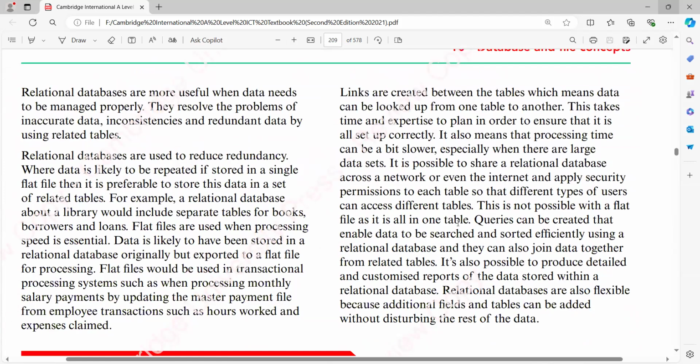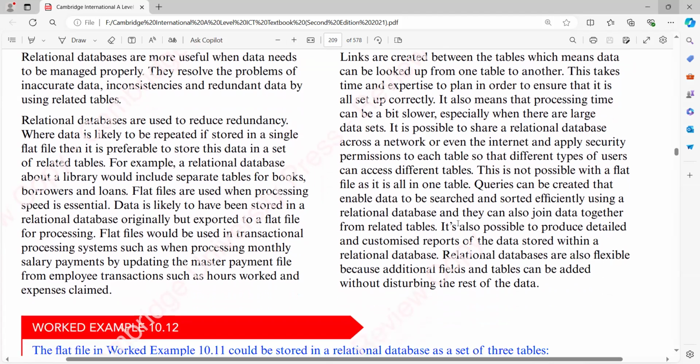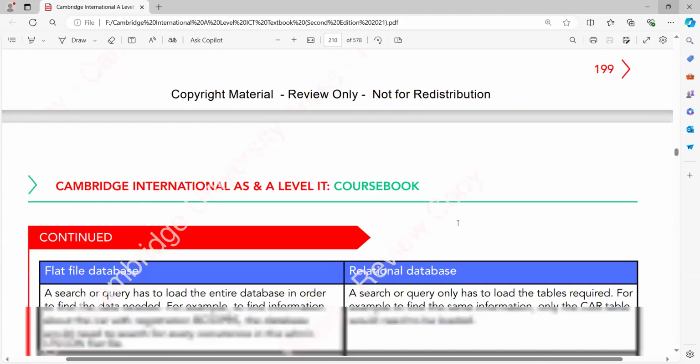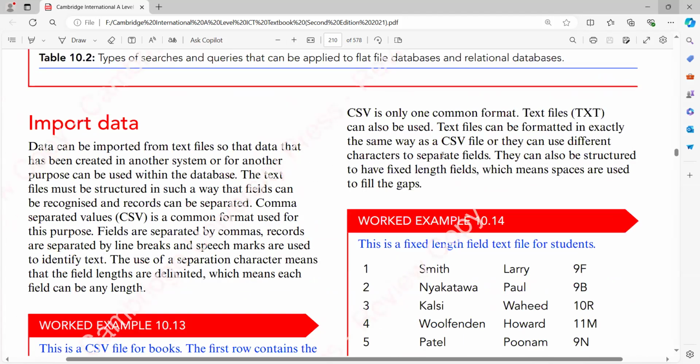However, when it comes to a relational database, they are more useful because when data needs to be managed properly, they resolve the problems of inaccurate, inconsistent, redundant data because they are connected with each other. Relational databases are used to reduce redundancy. We have gone through that as well. Let me give you another example that I have already shared with you.